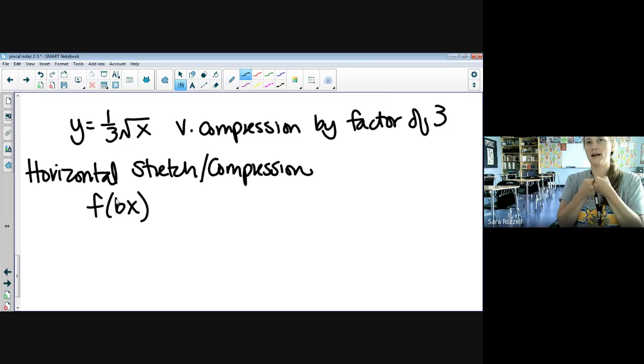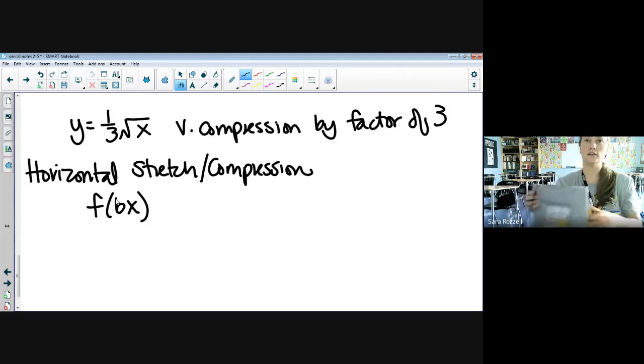If I take my graph, like a parabola or something, and I stretch it horizontally, stretching it horizontally is going to spread it out, right? So if you take your graph of parabola and we're stretching it horizontally, that's going to be way spread out, right?